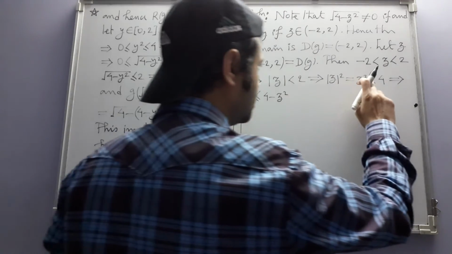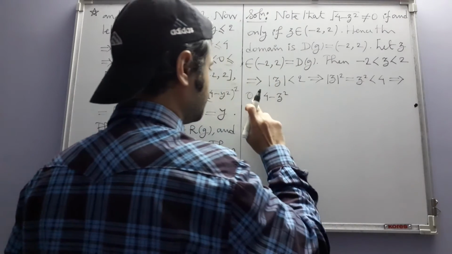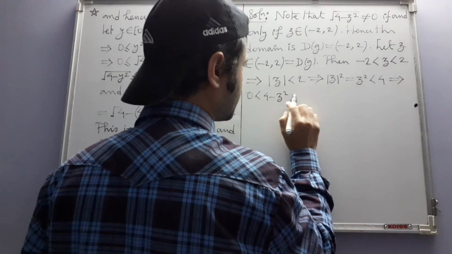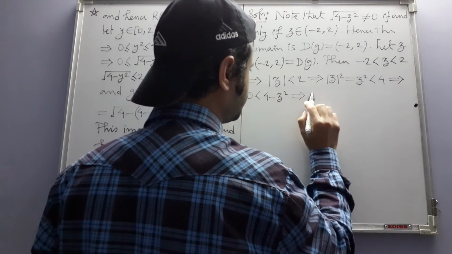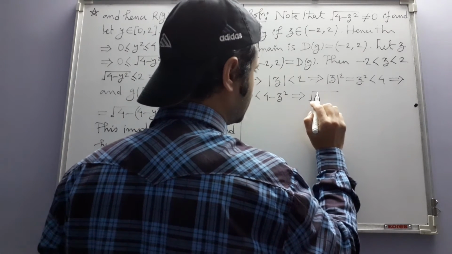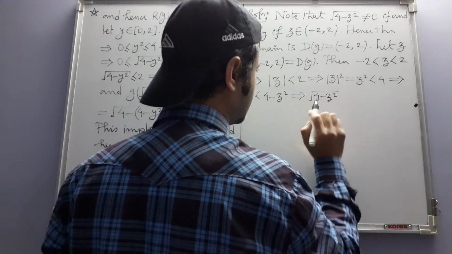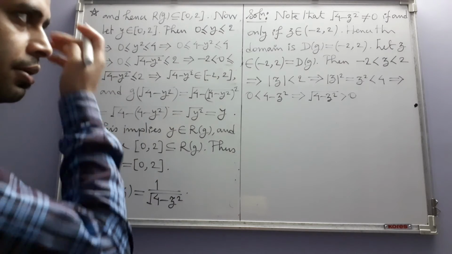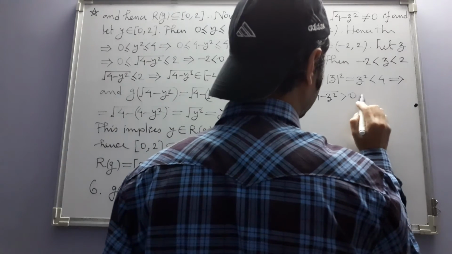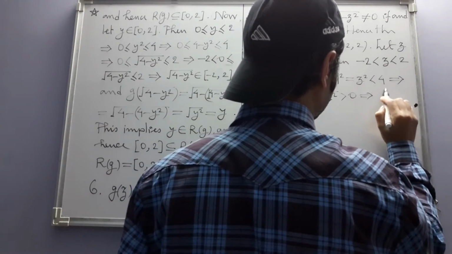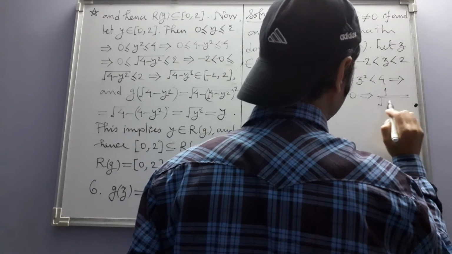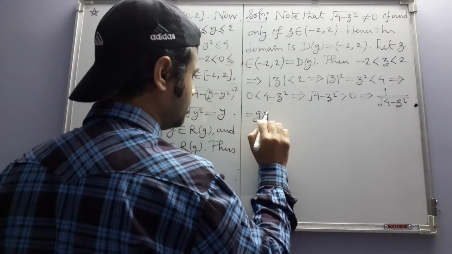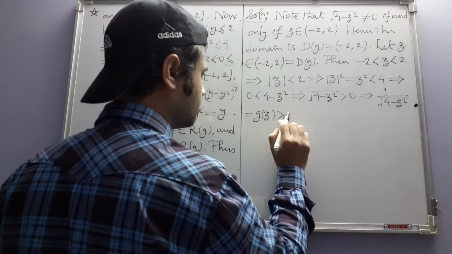Oh, sorry, equality is not an option. And this implies square root of 4 minus z square is greater than 0, and hence 1 over square root of 4 minus z square, which is g of z, is greater than 0.